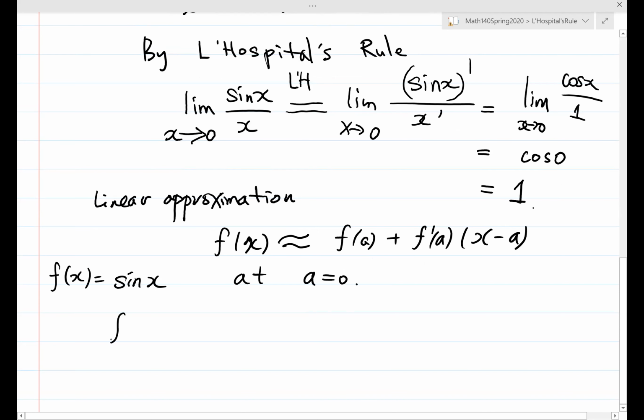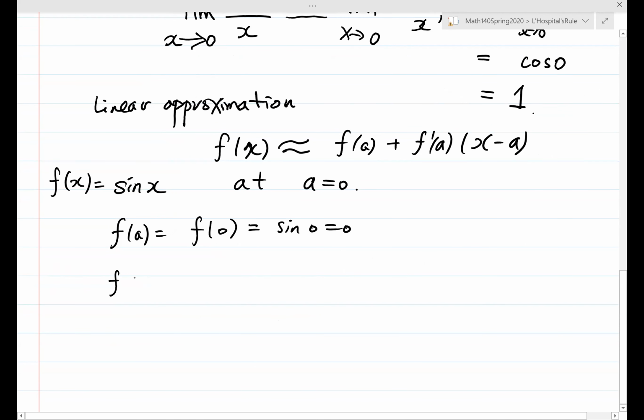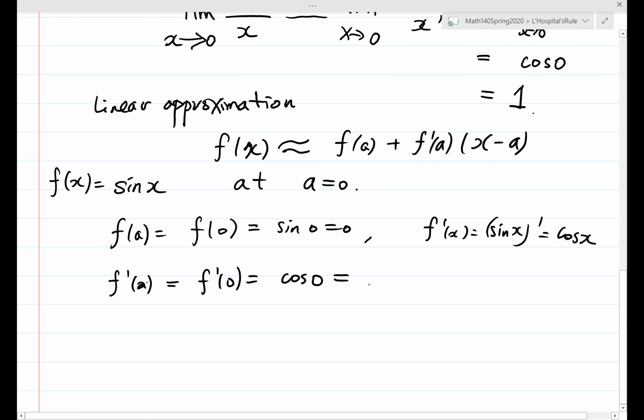Then f(a) is f(0), which is sine 0, which is 0. Now f derivative is the sine derivative, which is cosine x. So f derivative at 0 is cosine 0, which is 1.